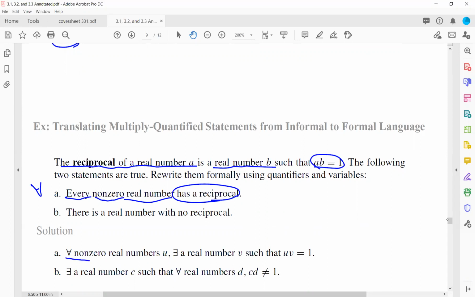For any non-zero real number like U, you can find a real number like V such that their product is 1. So we're using a combination of universal and existential quantifiers here.